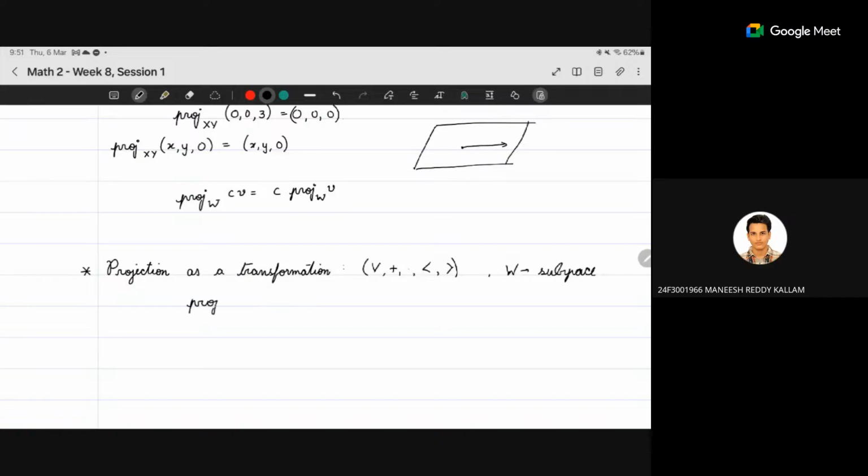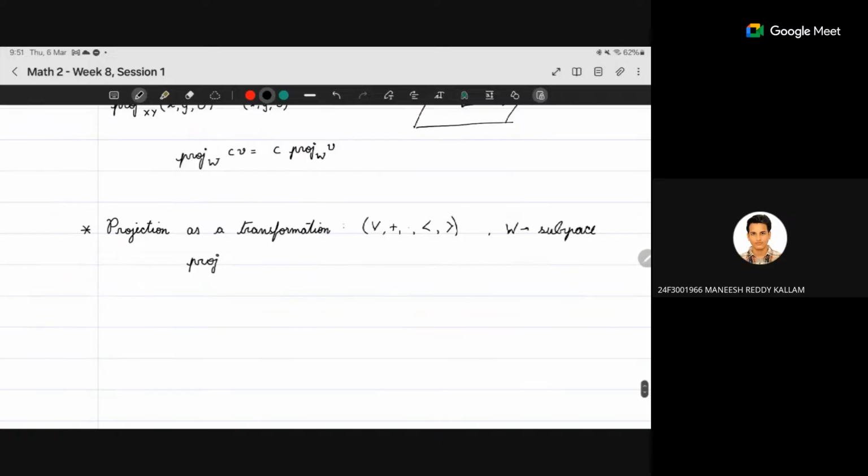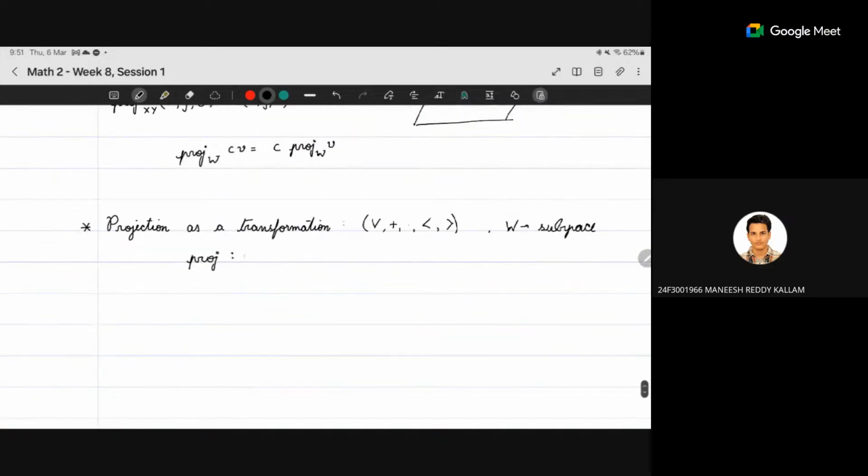So you can define a map from V to V, which takes any vector to the projection of the vector onto the subspace W.